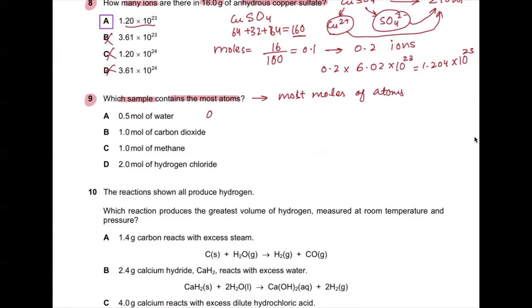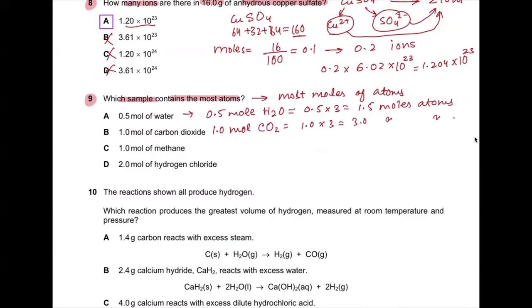So 0.5 mole water has H2O, so in H2O there are 3 atoms. 0.5 times 3 is going to give me 1.5 moles of atoms. 1.0 mole of carbon dioxide also has 3 atoms. So 1.0 times 3 gives me 3.0 moles of atoms. So it has a greater moles. It means A goes wrong.